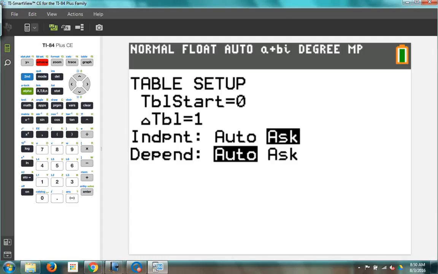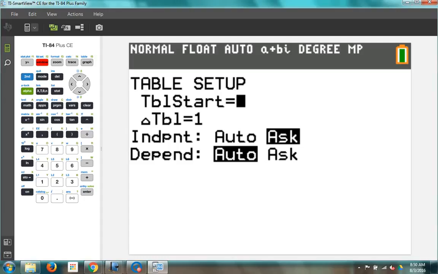Okay, you want yours to look like this. It doesn't matter what these numbers are, but you want your independent to be ask and your dependent to be auto. Independent ask is the x value, x is the independent variable, y is the dependent variable, and it'll automatically calculate that.